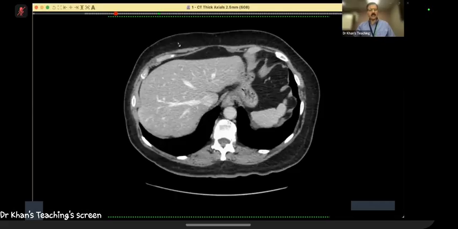Now we have started using hepatobiliary specific contrast in cirrhotic nodules, particularly if there is a suspicion of HCC. As a routine in difficult cases, we use this because it will be a filling defect. It's a very black and white word, and a filling defect means metastasis.